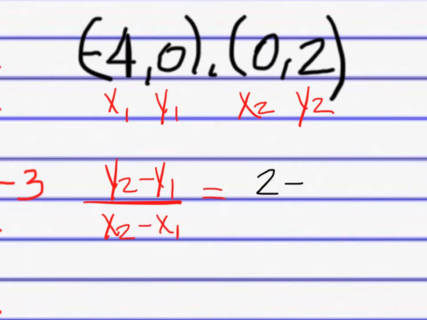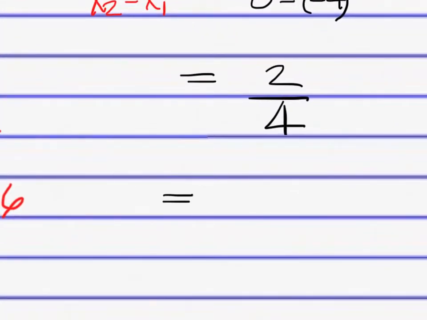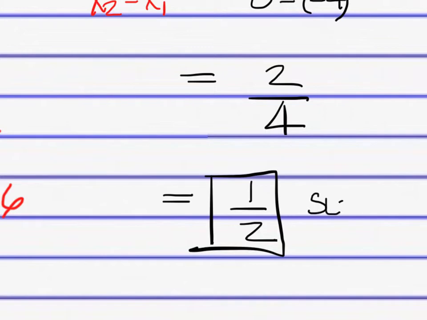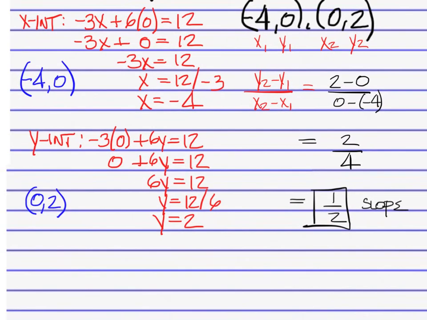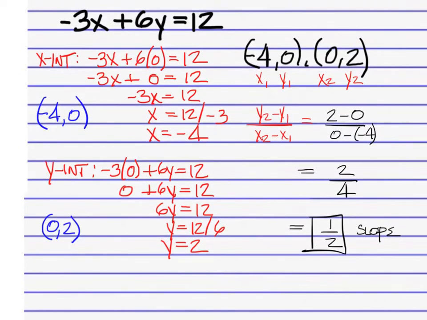So that'll give us 2 minus 0 over 0 minus a negative 4. 2 minus 0 is 2, and 0 minus a negative 4 is 4. 2 over 4 can be reduced to 1/2. So there's your slope of 1/2. The x-intercept is negative 4, 0, and the y-intercept is 0, 2.